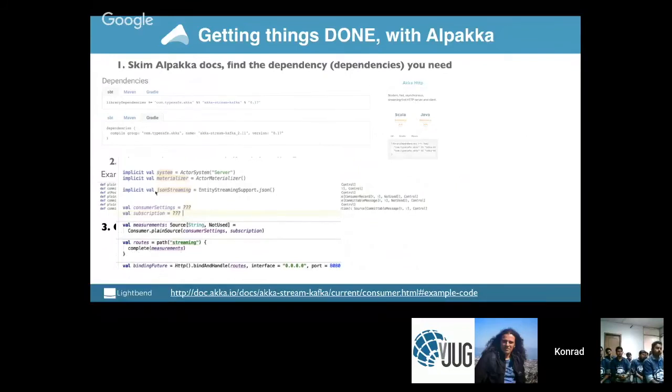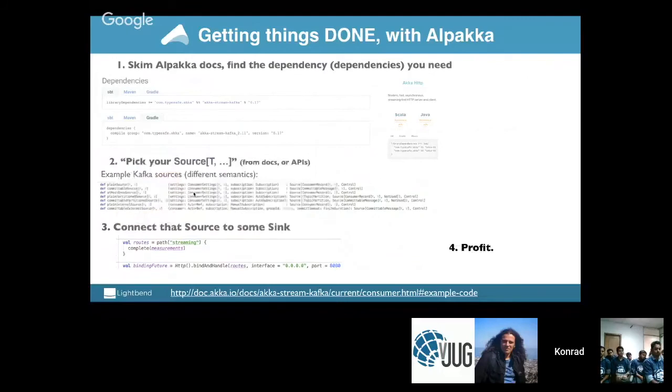All of this, less than 10 lines, is a completely streaming, back-pressured, asynchronous pipeline that emits one of your topics. That's the entire app, plus imports. And then you profit.